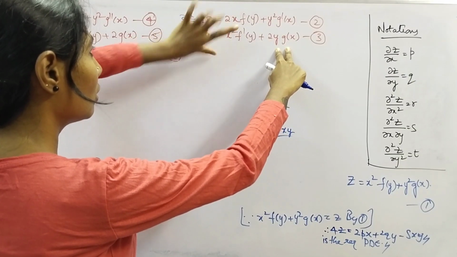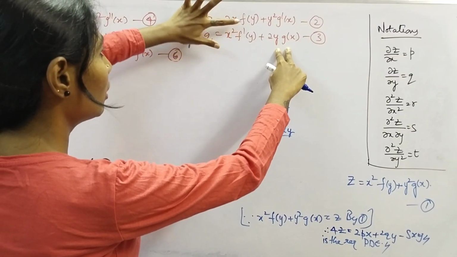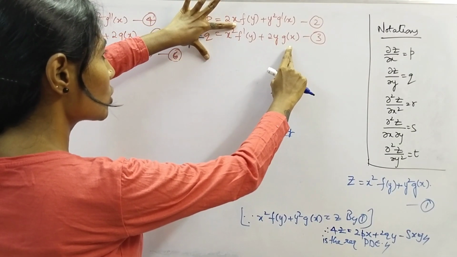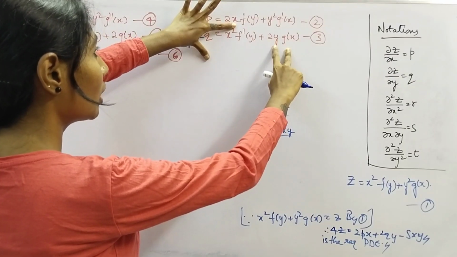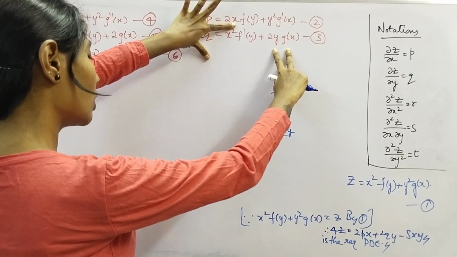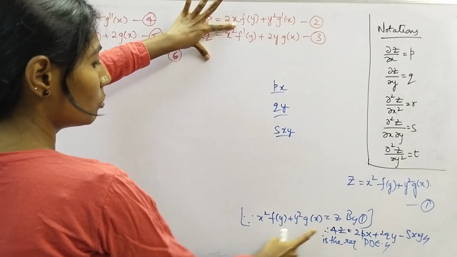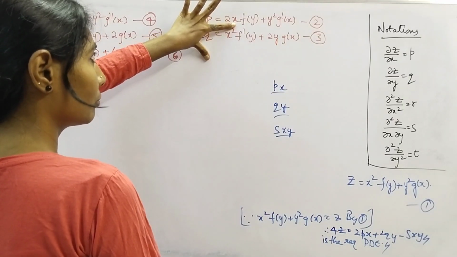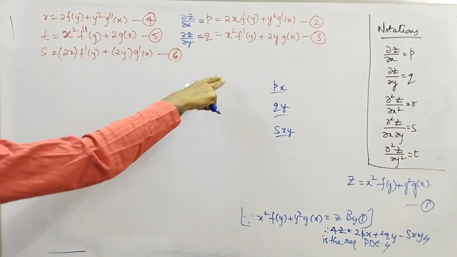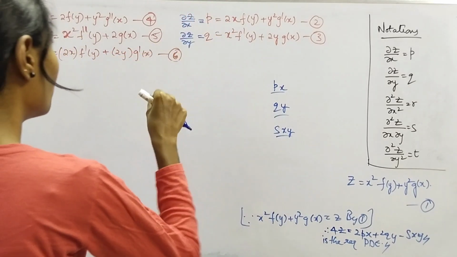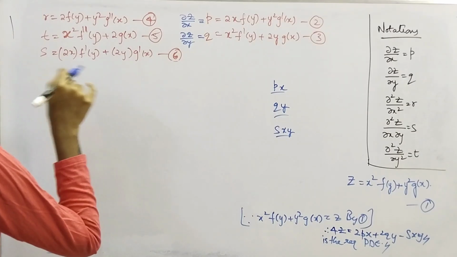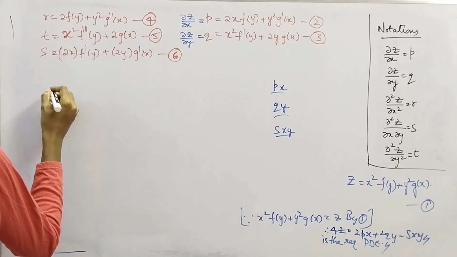Okay, if you add px plus qy, you'll get 2x square f of y plus 2y square g of x. By taking 2 common, you'll get x square f of y plus y square g of x, which can be replaced by z. Okay, got it? So put it on paper. You can't just imagine all the time. You need to use pen and paper.